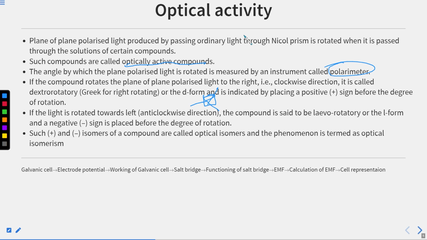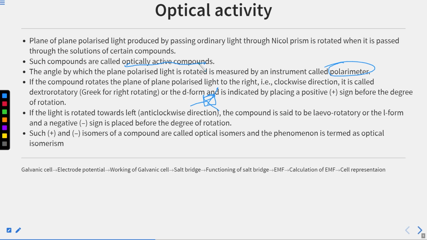After this passing, if the light comes towards you or deflects towards you, then you may say that it is left deflected. Just with respect to the direction of light, you can say it is left deflected, otherwise it is right deflected. If it is left deflected, then it is termed levorotatory. And if it is rotated right, then it is termed dextrorotatory.